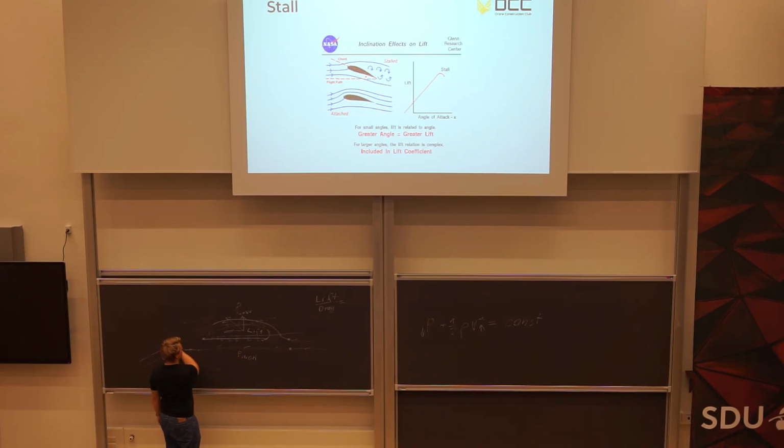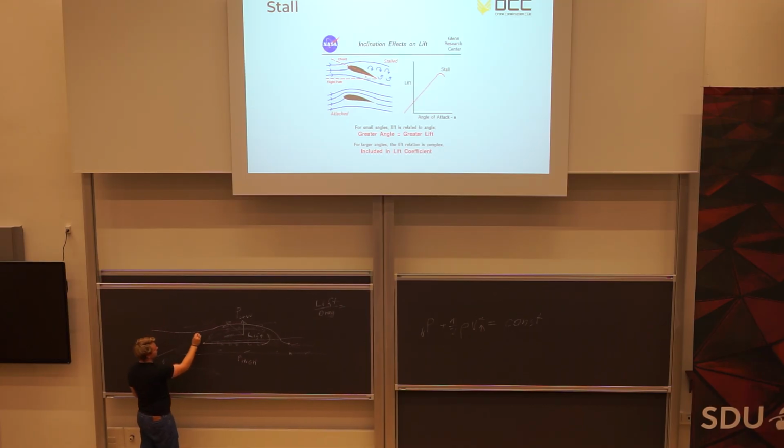So at some point, you will get it to go away from the surface, and this region will be filled with kind of static stuff, little eddy currents, little pockets of air just doing random stuff chaotically. So effectively you change the actual profile of the air moving around just by changing the angle.